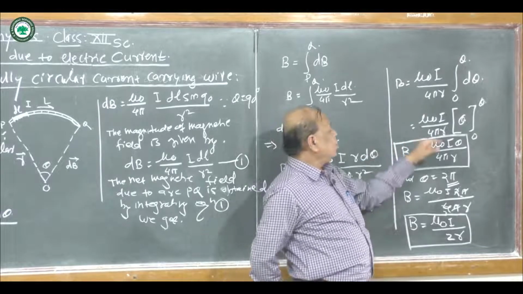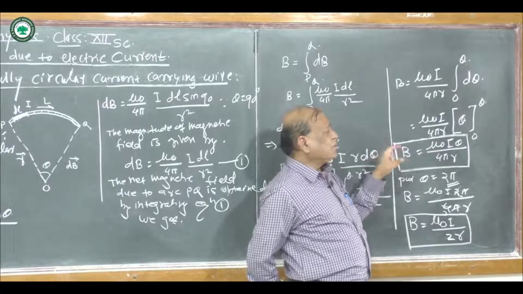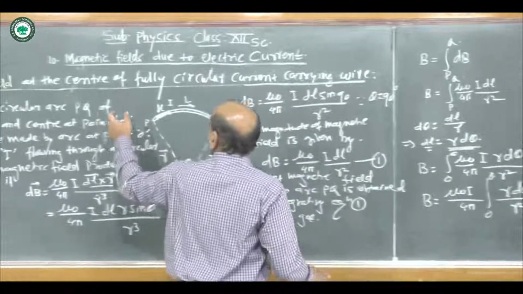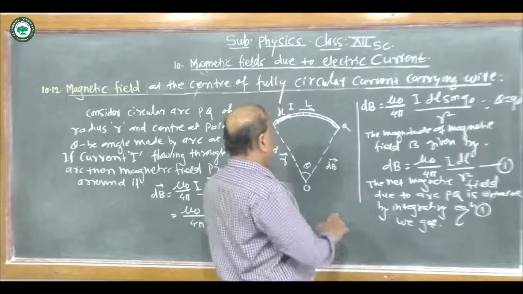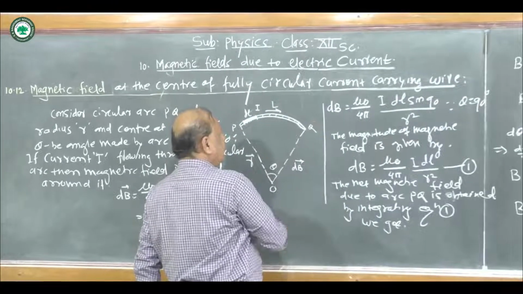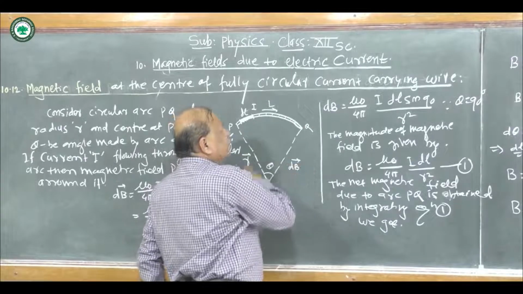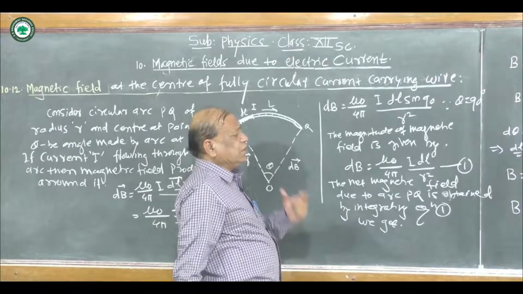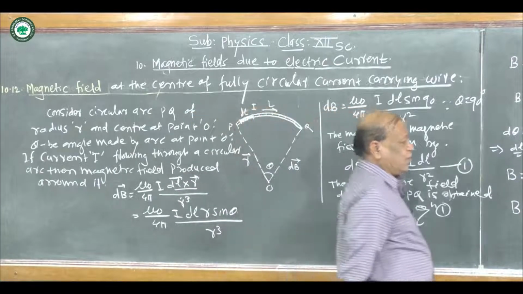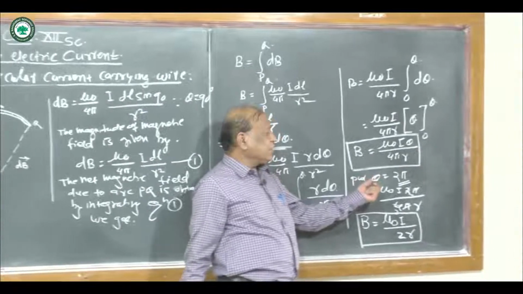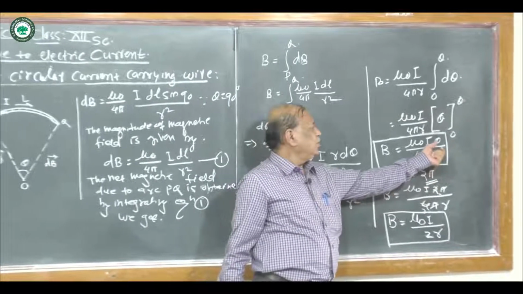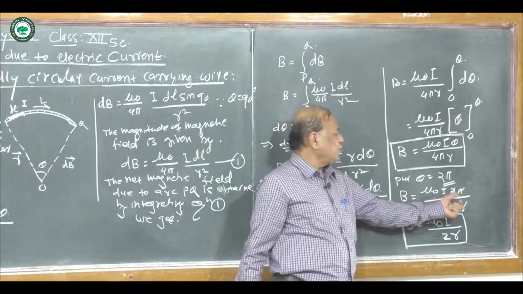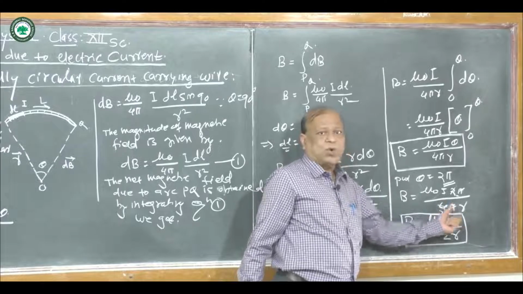Okay. Now the next article is that we can find the magnetic field at the center of a fully circular current carrying wire. For that purpose we only change the value of theta. For a complete circle the value of theta is equal to 2 pi. Put the value of theta in this equation, we get B is equal to mu 0 I 2 pi divided by 4 pi r.